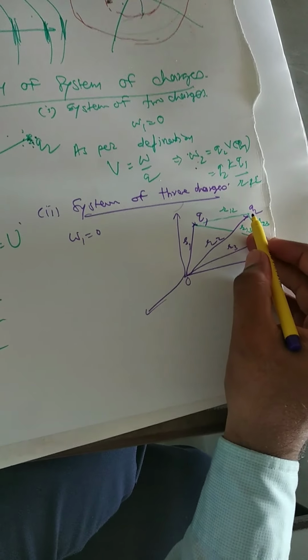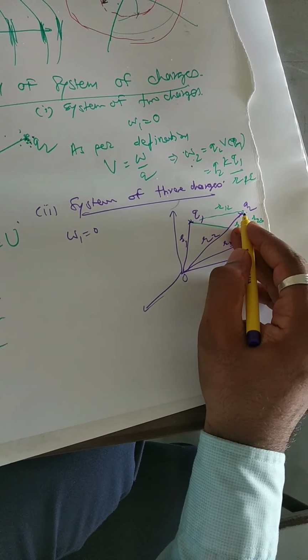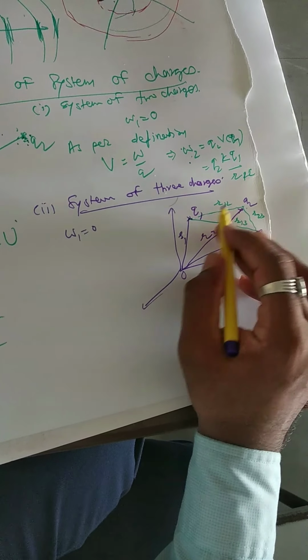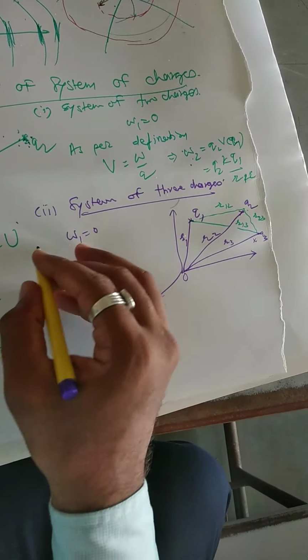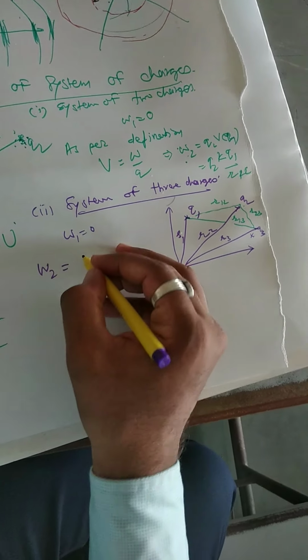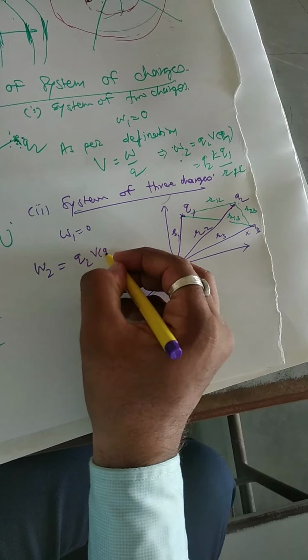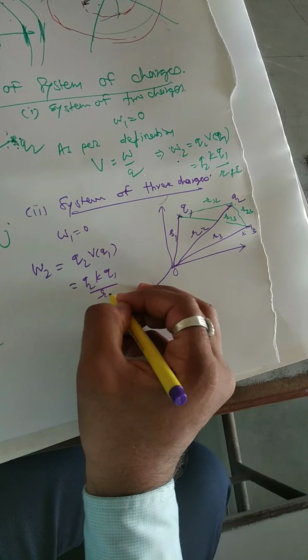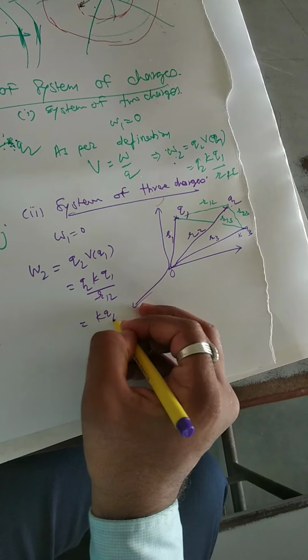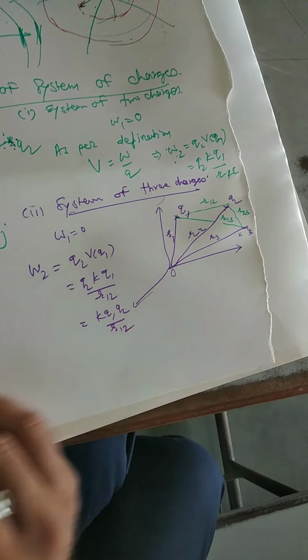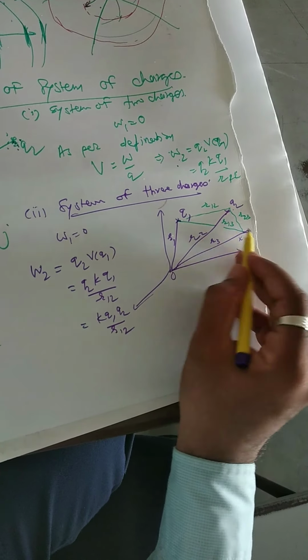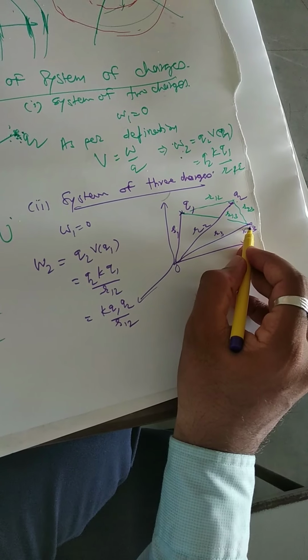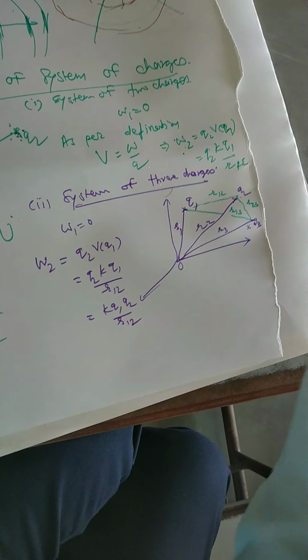Now to bring charge q2, work is done on this charge q2 because of this charge q1, so W2 is equal to q2 into V because of q1. That is k q1 q2 upon r12. Clear?